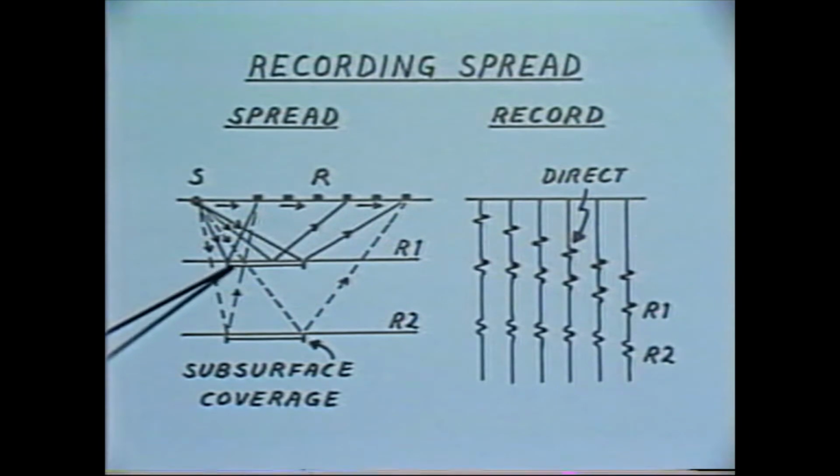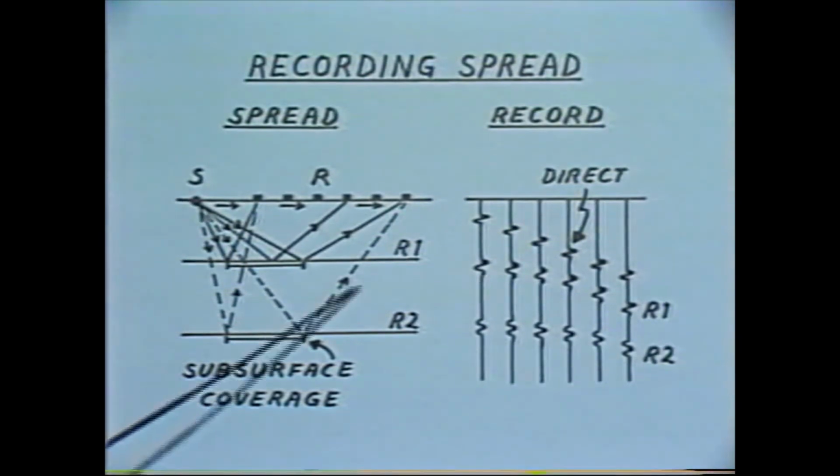And this distance covered by the reflection points for this spread of receivers is called the subsurface coverage of that line of receivers. And you'll note that that subsurface coverage is that same half spread length for any reflector in the subsurface because of the geometry of the reflection paths.